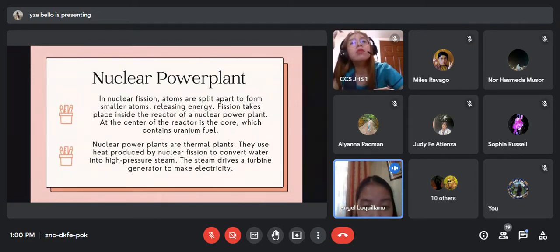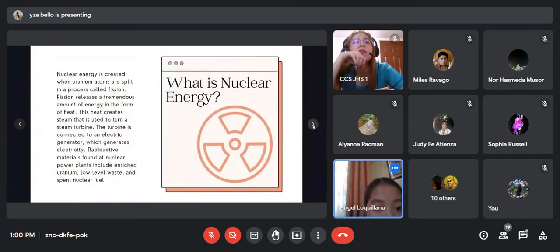Nuclear power plants are thermal plants. They use heat produced by nuclear fission to convert water into high-pressure steam. The steam drives a turbine generator to make electricity. Nuclear energy is created when uranium atoms are split in a process called fission.